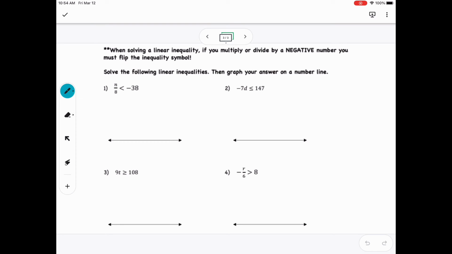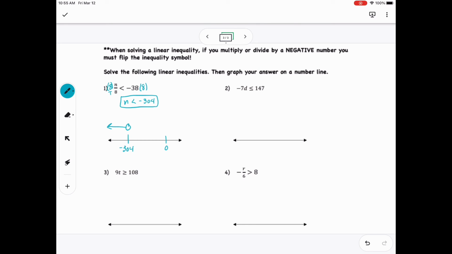So we have to keep that in mind when we're solving for these operations. So for number 1, we need to multiply both sides by 8 because it's being divided. So that gets us negative 304. And so then on my graph, I find where negative 304 is. And then because it's less than, it's an open circle. So then everything to the left of that would be true.